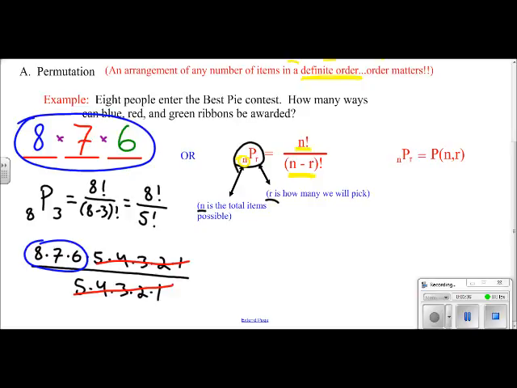So in the end, 8P3 comes out to 8 times 7 times 6, which is 312. So there are 312 possible ways that we can award a blue, red, or green ribbon.